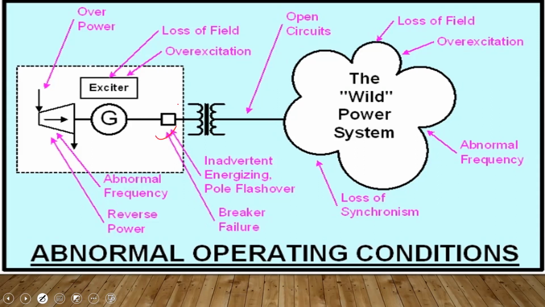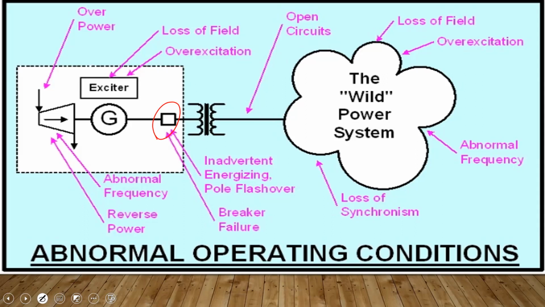When we come to the circuit breaker, we're talking about flashover, failure of the breaker. A failure of a breaker years ago resulted in an all-island blackout. Just one single breaker failing caused the entire system to collapse.